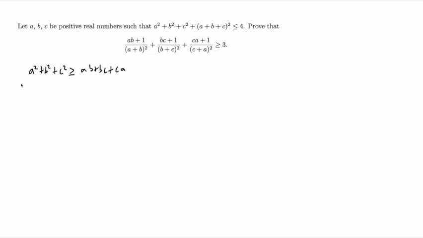Now what I did is I multiplied 2 on both sides, so we get 2a squared plus 2b squared plus 2c squared is greater than or equal to 2 times ab plus bc plus ca.